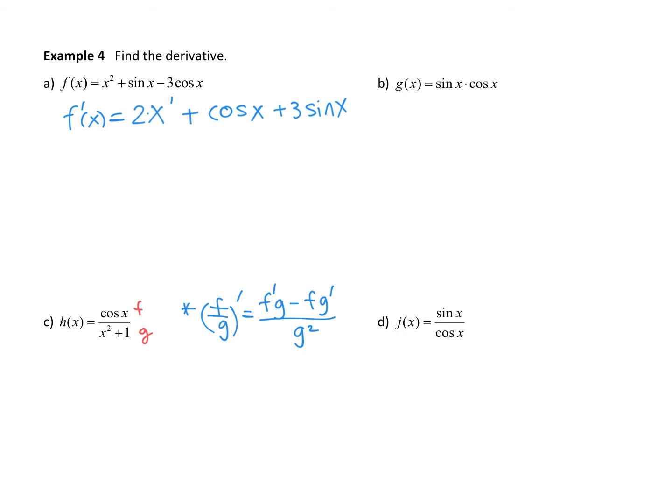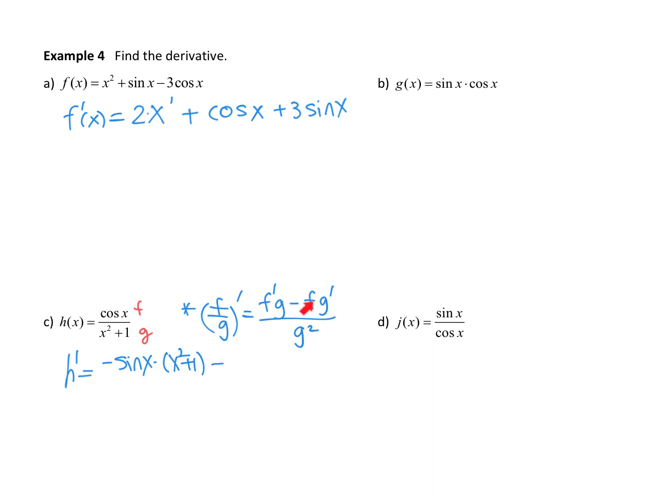So how does that work? This is going to be h prime, the derivative. First thing is the derivative of the top times the bottom. So derivative of the top: derivative of cosine is negative sine, times the bottom. All right. And then minus. So write the minus here.